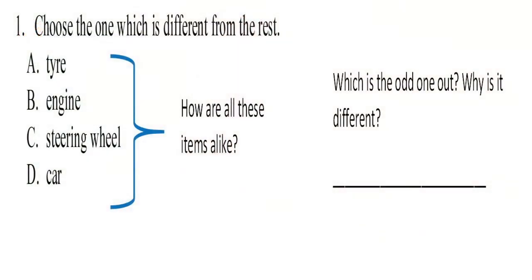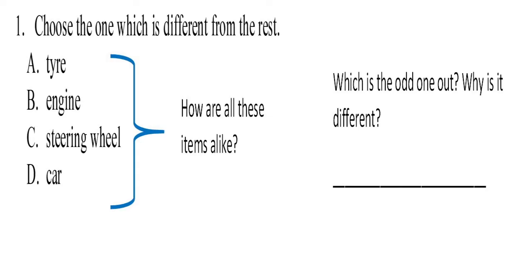Here are the options. A, tire, B, engine, C, steering wheel, or D, car. Remember, the first question to ask yourself is, how are all these items related? Now let's think. How are tires, cars, engines, steering wheels, how are all of these things related?